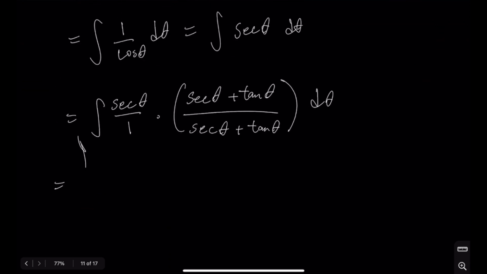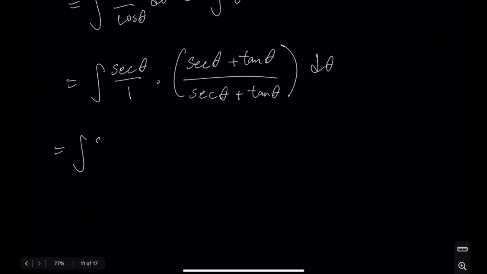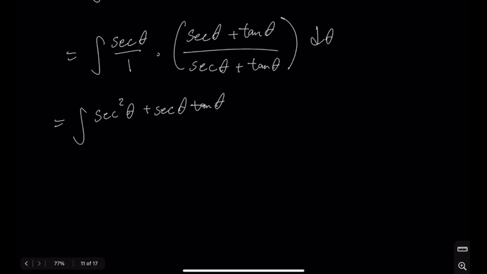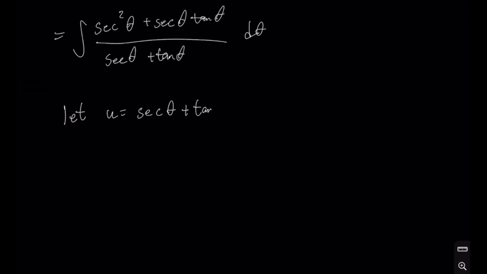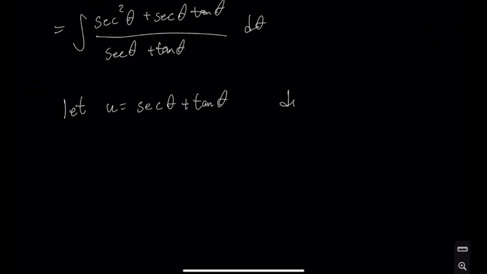Again, I'll use the distributive property of multiplication, and I'm going to get secant squared theta on the top plus secant theta tangent theta, and then we divide by the same denominator, d theta. What we can have here is we let another u equal the denominator, just like the previous example. And then obviously we're going to find du d theta.